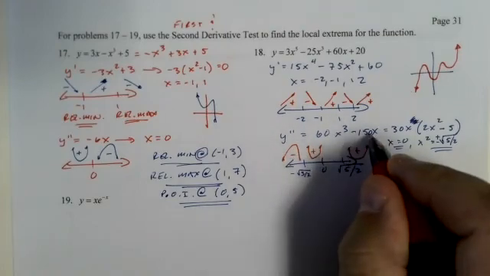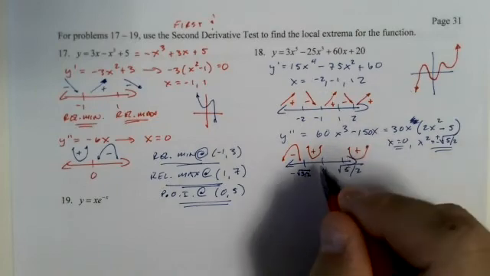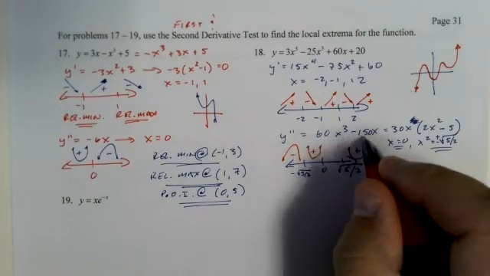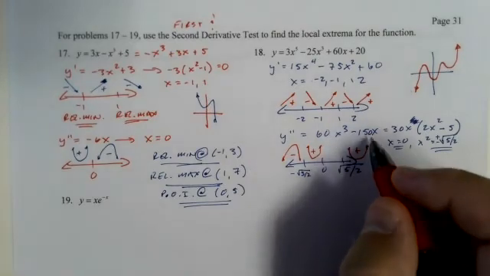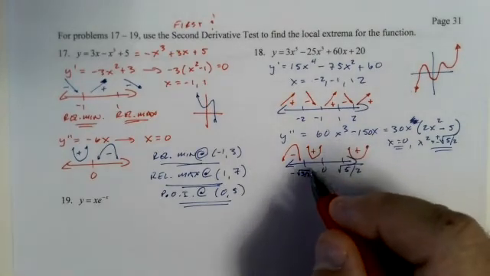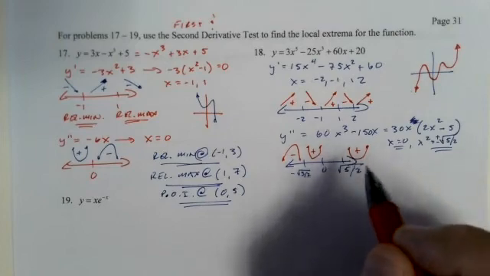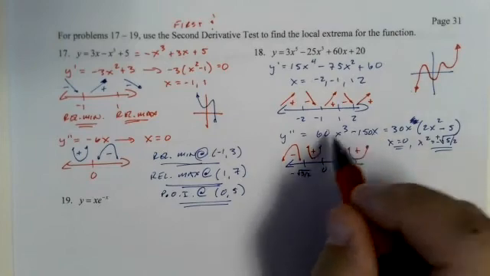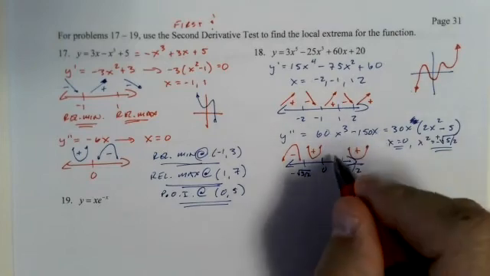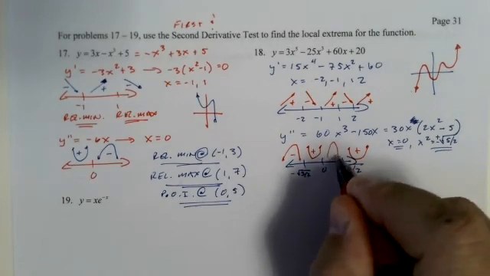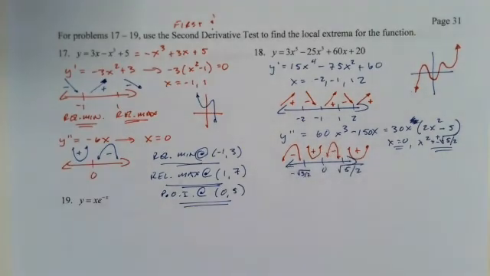Plug in +1. That was -60 minus 150, so that's negative. I'm making mistakes here, most likely. -1, positive, right? +1, right? Got it. Okay, here we go.